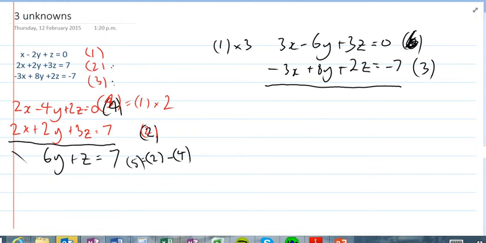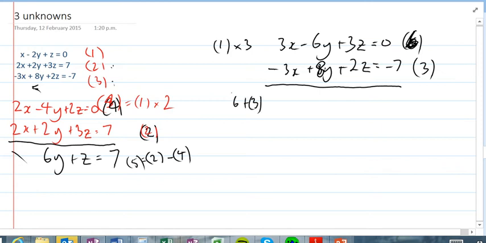Because I times number 1 by 3, 3 2s is 6. Oh, yeah, so this one, that's an 8. That's an 8, because I got it from here. Yep. So I'm just going to add those together. 6 plus 3, this equation 6 and 3. So when I add the x's together, they eliminate. Add those together.